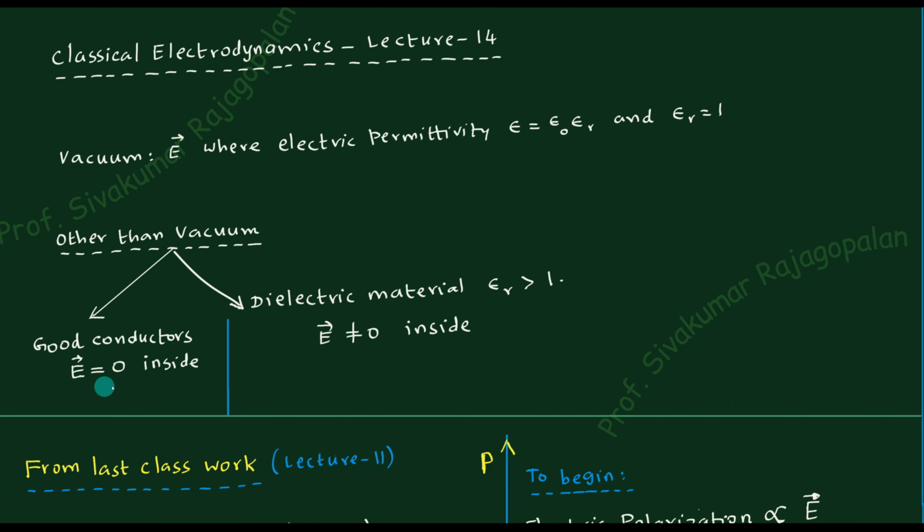What is known about the good conductor is that inside good conductors like copper, silver, etc., the electric field is always 0, whereas inside a dielectric it is not 0. And of course, you know the reason. The reason for this not being 0 is the polarization that we have seen in lecture number 11. The establishment of electric dipoles inside the dielectric material is the reason why the electric field is not equal to 0 inside.